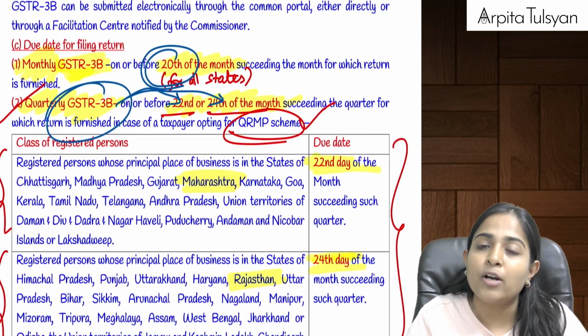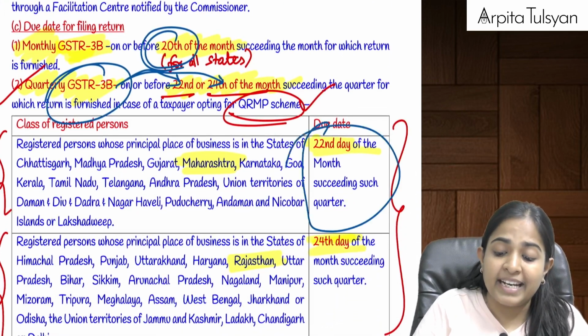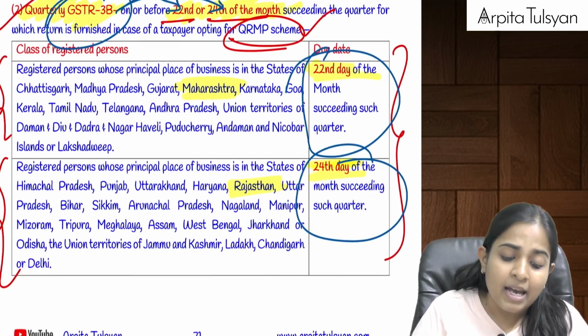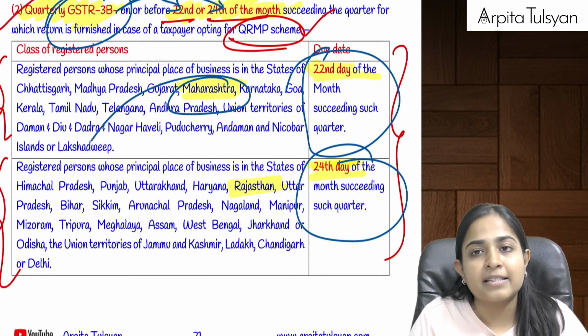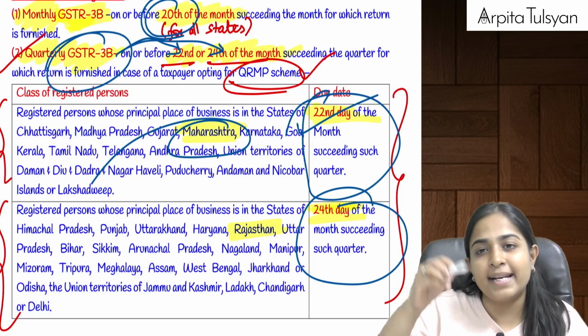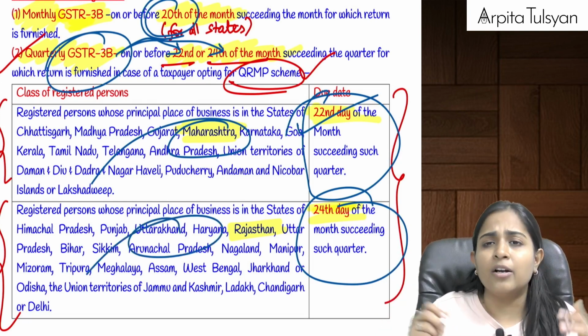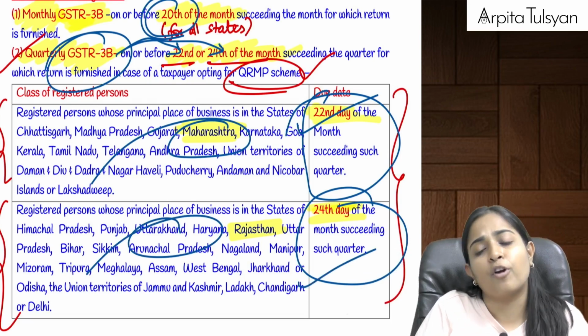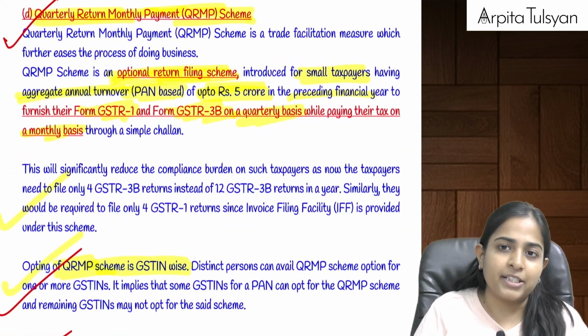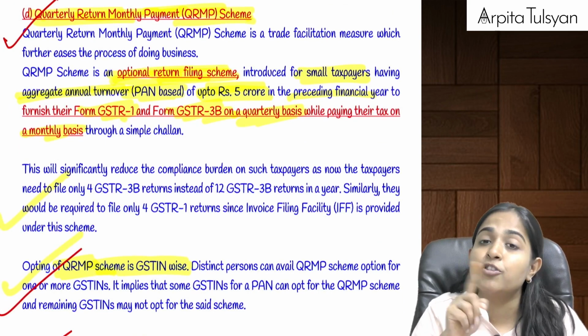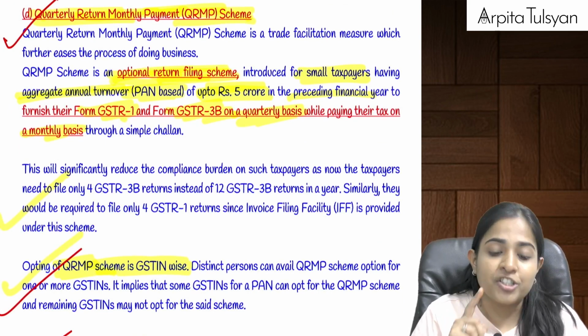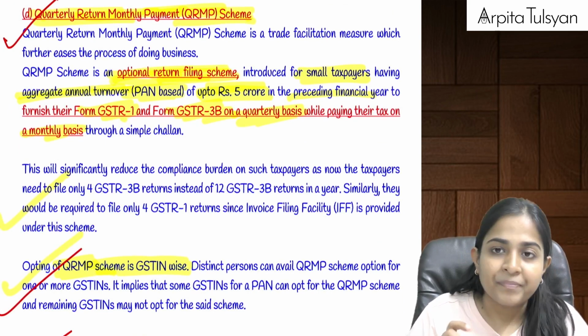Why 22nd or 24th? That depends from state to state, wherever you are registered. Suppose I am registered in Maharashtra, the due date for me will be 22nd of the next month after the quarter gets over. Suppose I am registered in Uttarakhand or Haryana or Rajasthan, etc., the due date for me will be 24th of the next month. This is the due date for GSTR 3B. Are you clear with this?